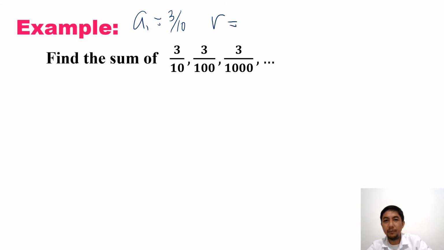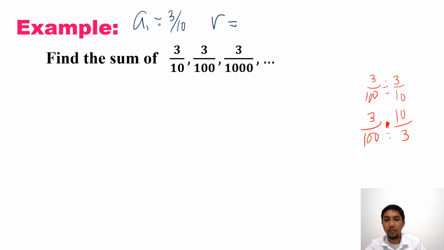The common ratio can be found by dividing the second term, so 3 over 100, by the first term, which is 3 over 10. And by using the rule of division of fraction, just copy the numerator, which is 3 over 100, and then get the reciprocal of the denominator, so 10 over 3, and then you proceed to multiplication.